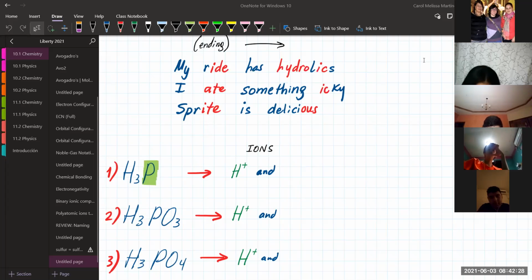This ion right here, P. What is the charge that P has? -3. This ion has a name. The element is phosphorus, but the ion's name is phosphide.